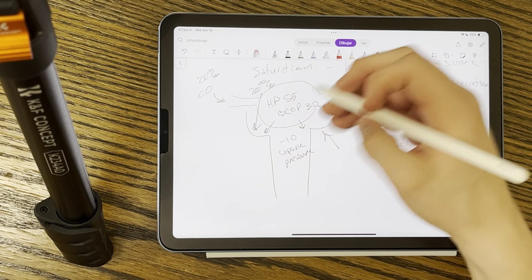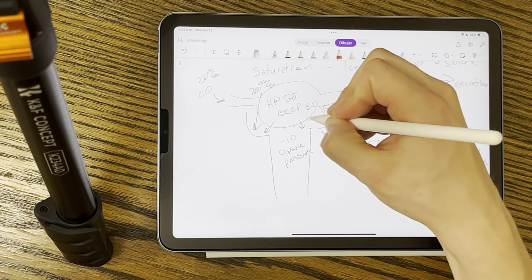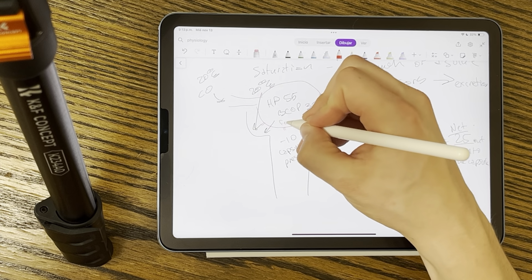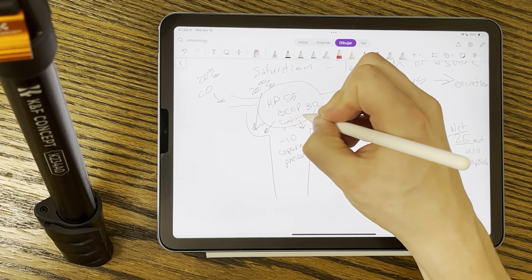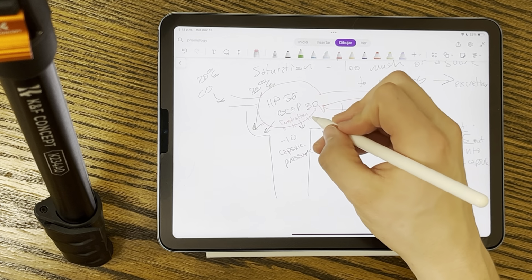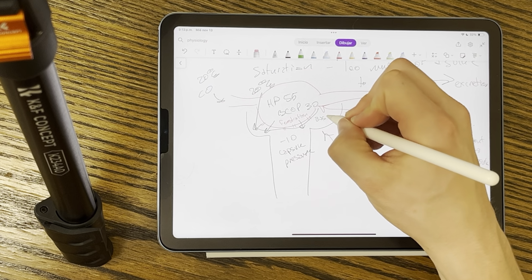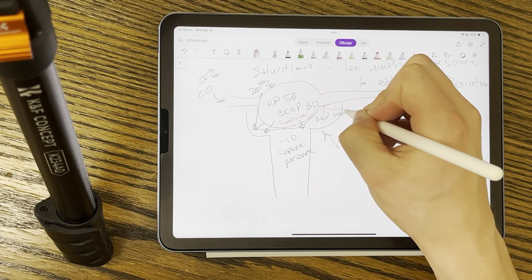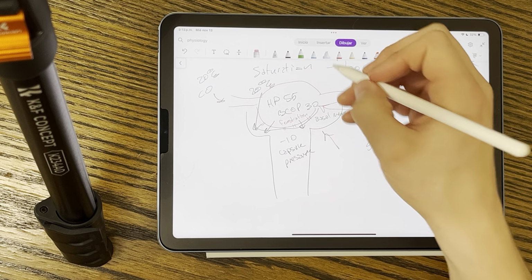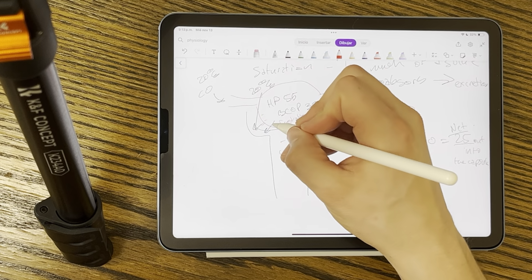what's happening here is there's these little holes here called fenestrations. And then there's a basal membrane, which also has some holes in it. And so both of these are negatively charged.